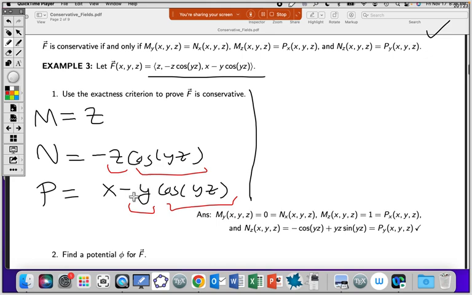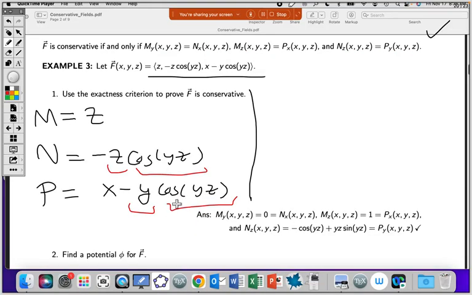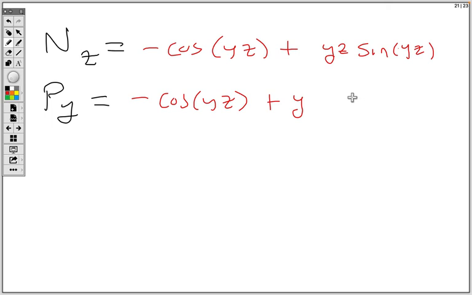So, yeah, product again. So the derivative of y with respect to y is, we got that minus 1 there. And then we're taking the derivative of, we have minus y times the derivative of cosine, which would be minus sine. So that'd be a plus y. And then the derivative of yz with respect to y would be z, and so that tracks.